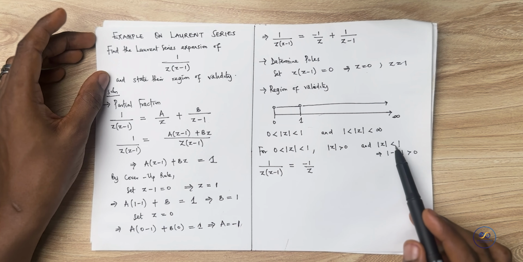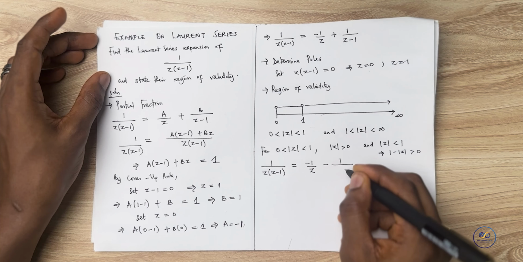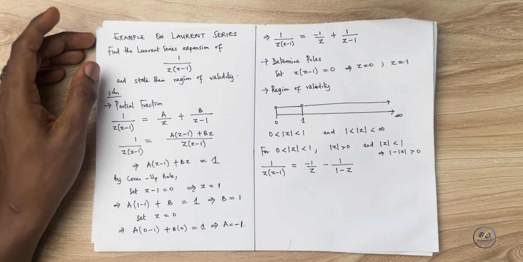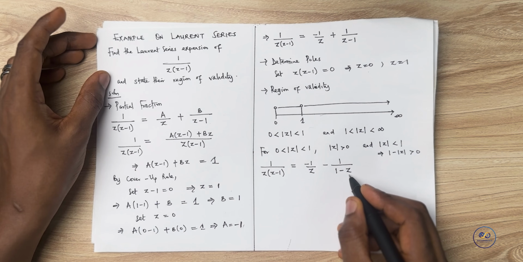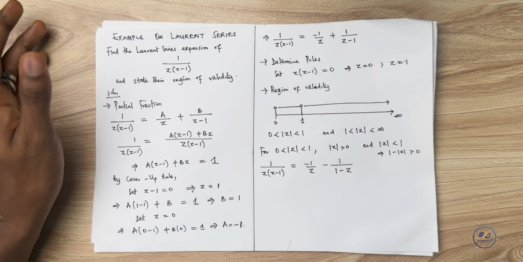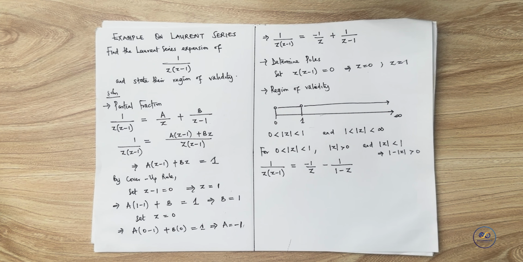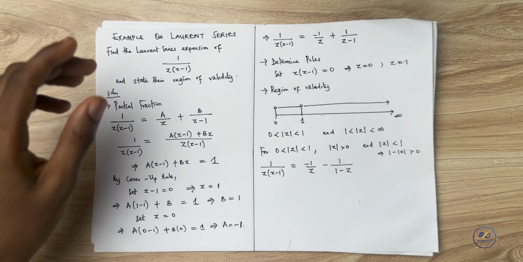So what do we do? We have to factorize our minus so that we can change this into minus 1 divided by 1 minus z. And now, because 1 minus absolute value of z is greater than 0, it means that 1 minus z will definitely be a positive denominator. Remember, as always, the goal is always to have a positive denominator at all times.